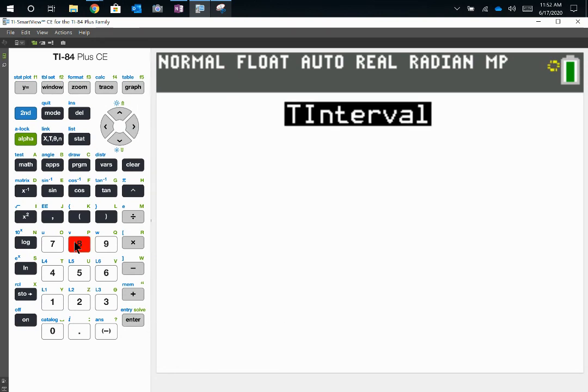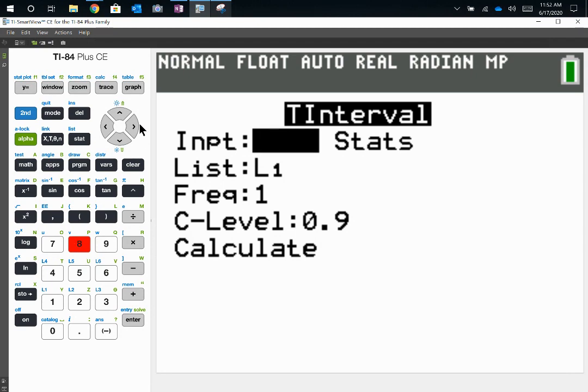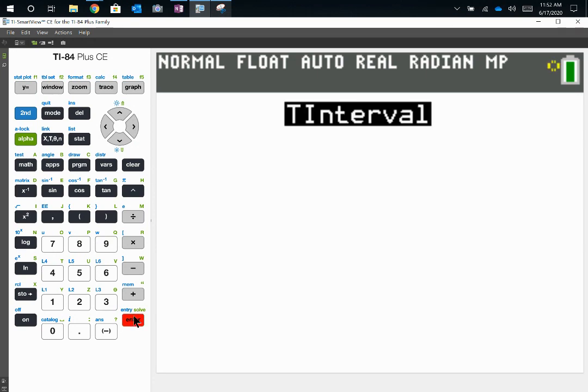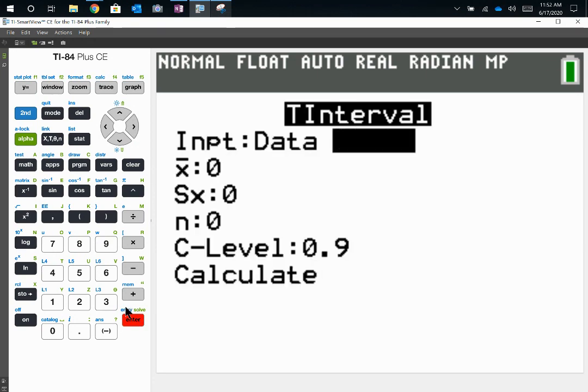T interval. We want to do this for data, for stats, and not data, okay? This is correct. We're inputting the stats.